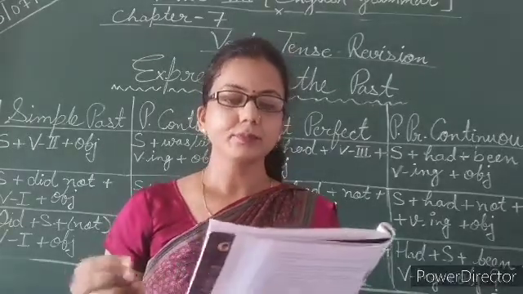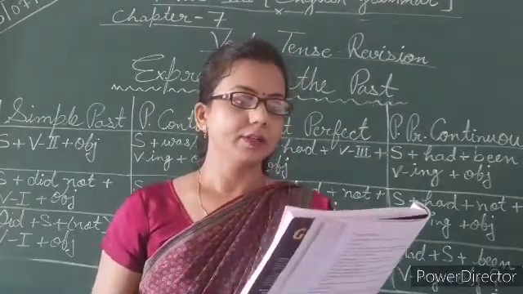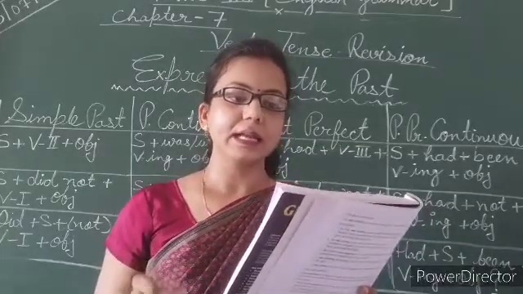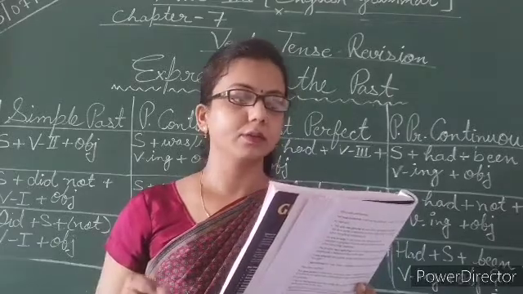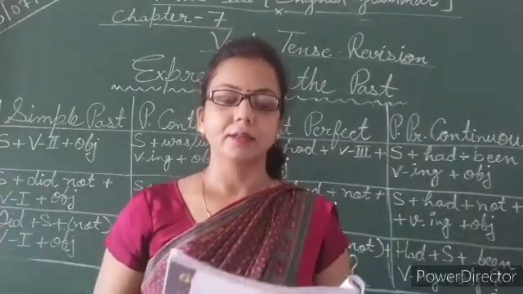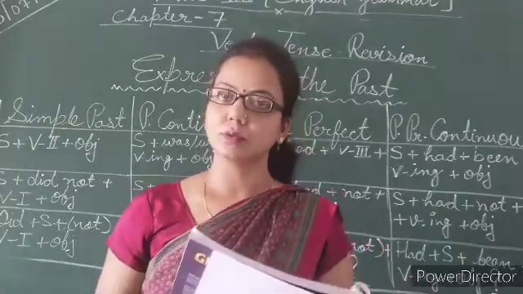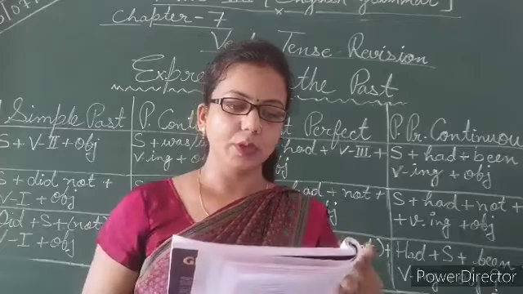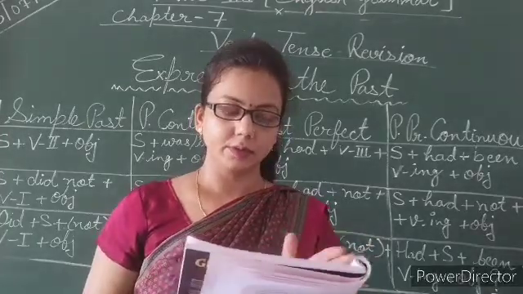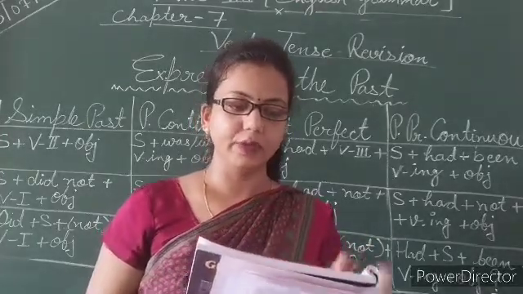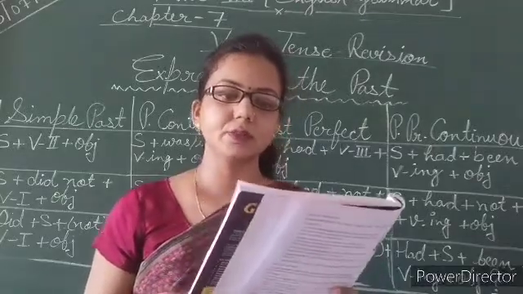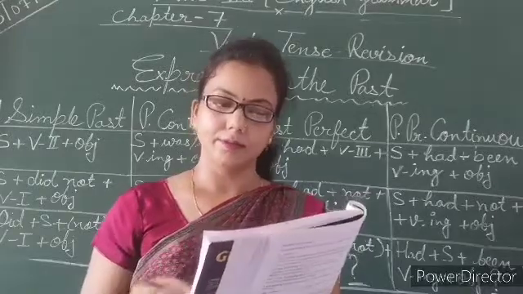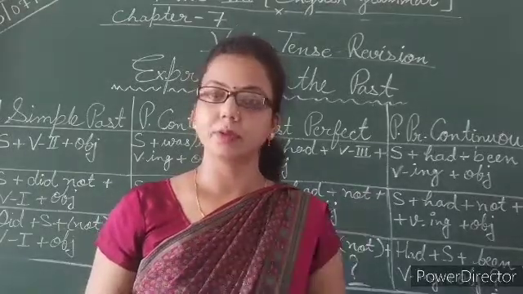First one: the tourists on the cruise dash stand all night on the deck to watch the sea. What is the second form of stand? Stood. So we need to put the word stood. Next, we worked non-stop over the weekend to finish packing the gifts. The second form of work is worked.